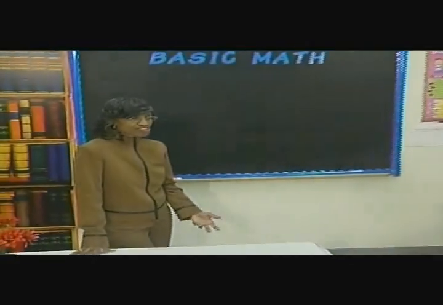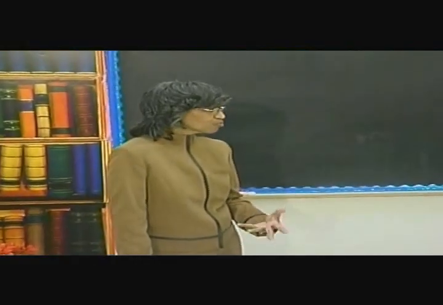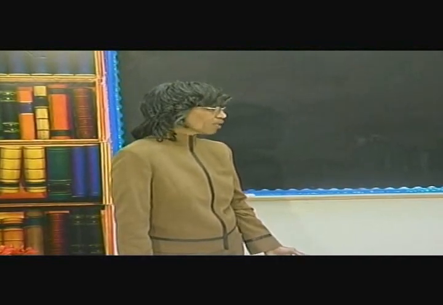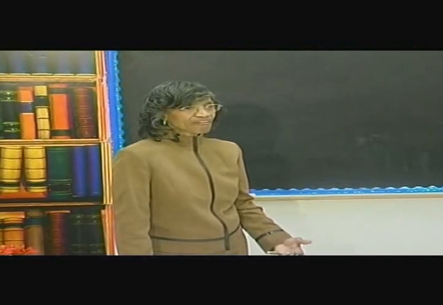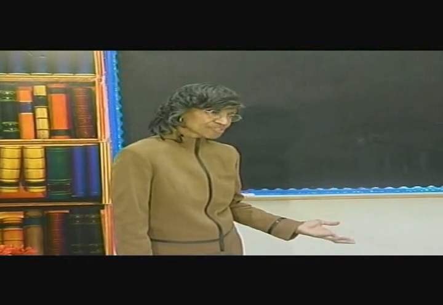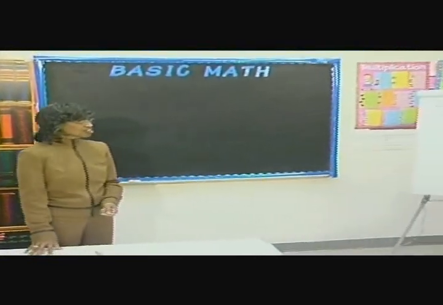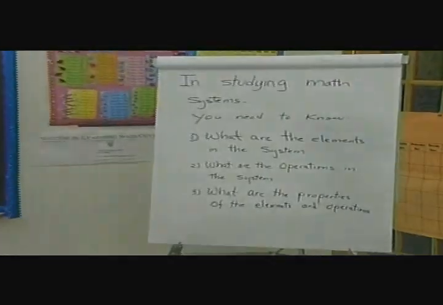What are the operations? And not just what they are, but how do you perform the operations? And thirdly, you need to know, what are the properties of the elements or numbers and operations in the system? Once you can get those three questions answered, you're ready to work in the system.